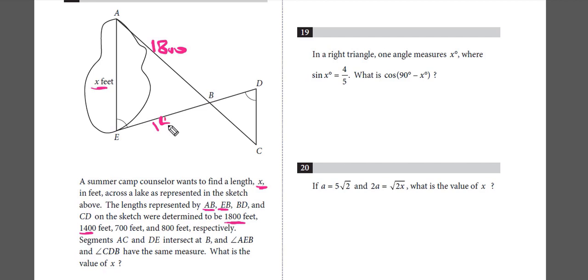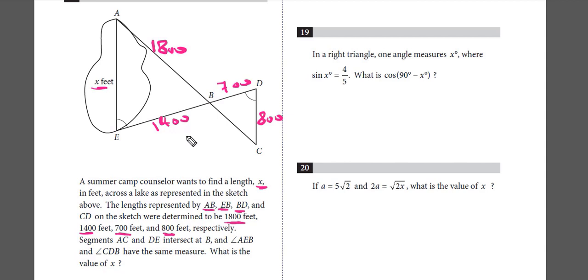BD is 700, and CD is 800. What is the value of x?